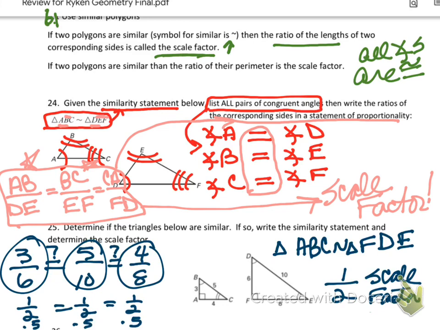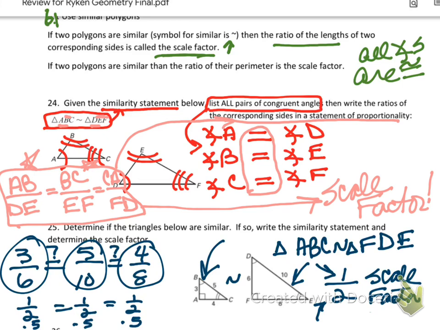In this situation, I am doing this triangle is to this triangle, so the small value goes on top, and the big value goes on the bottom. The scale factor is 1/2, and the similarity statement is written here.